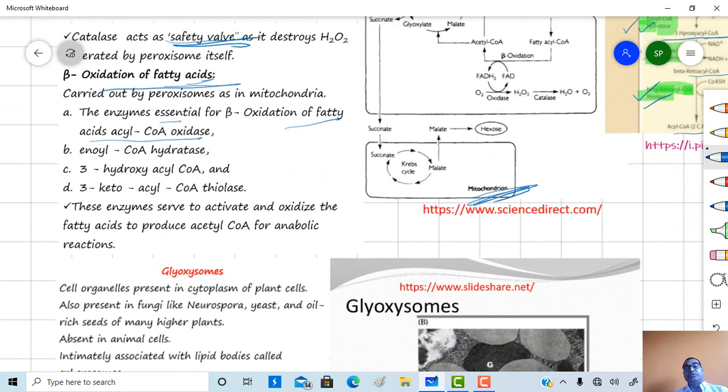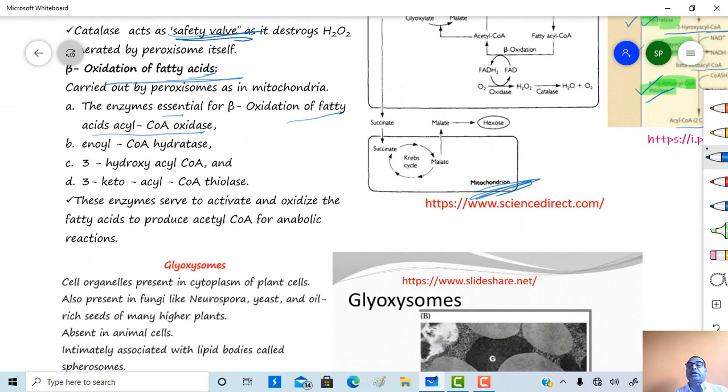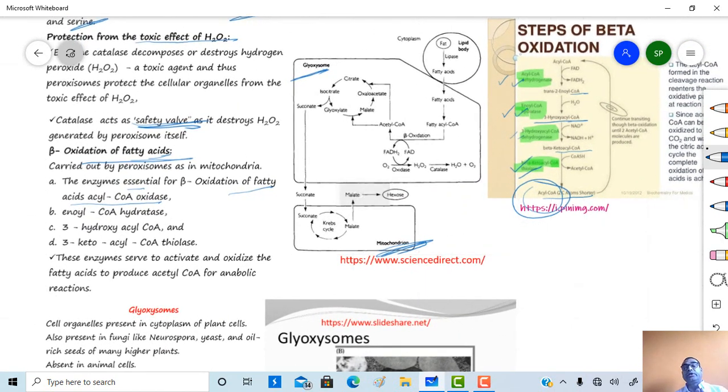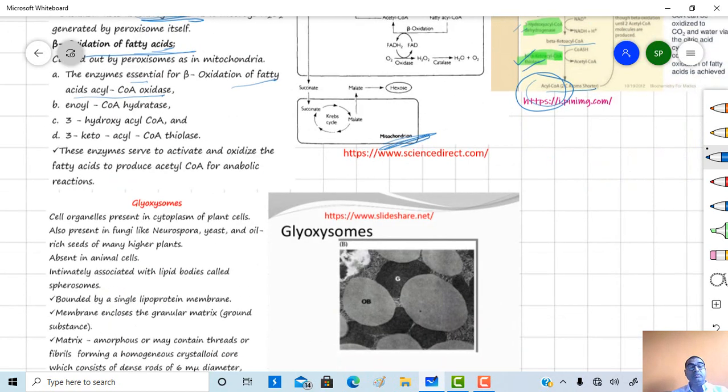These enzymes serve to activate and oxidize the fatty acids to produce acetyl coenzyme A for anabolic reactions. Once acetyl coenzyme A is produced, it is helpful in various reactions. It can enter the Krebs cycle. It is also involved in the synthesis of fatty acids again.